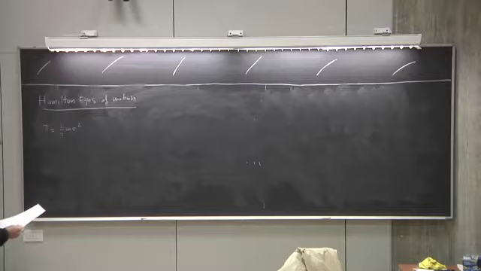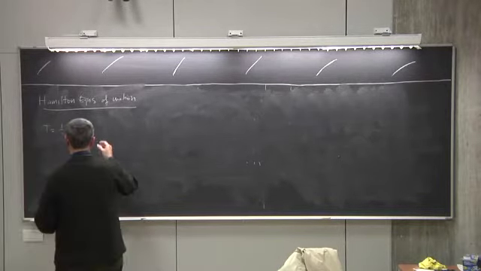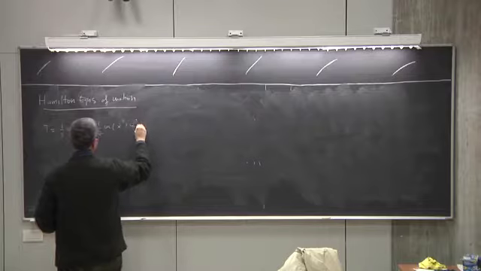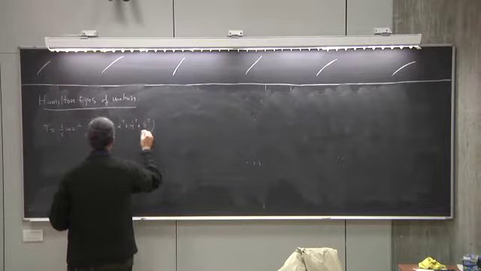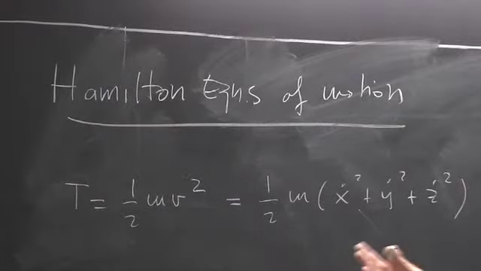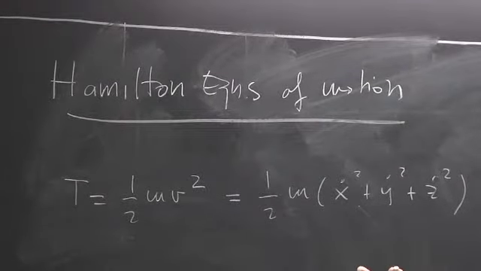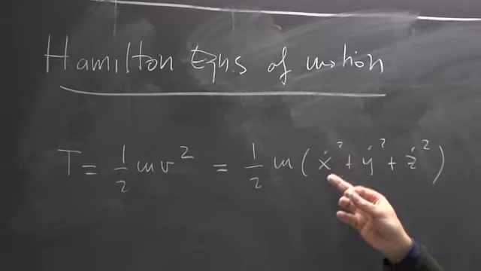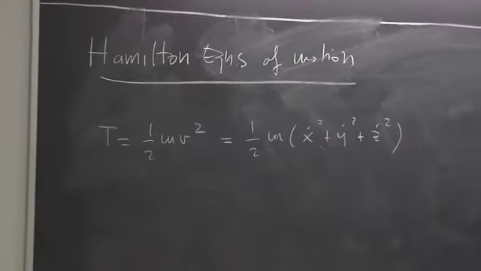If you wish, in Cartesian coordinates, it is this thing here. So how do I write the Hamiltonian? The Hamiltonian is going to be the same function, because after all, this is the energy, and the energy is conserved, but you have to replace the velocities with the momenta.